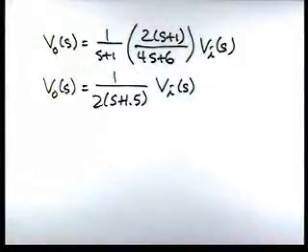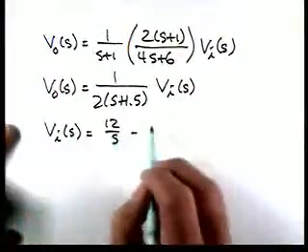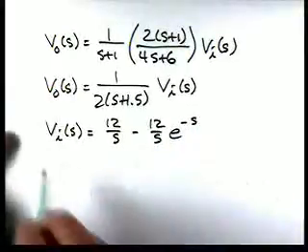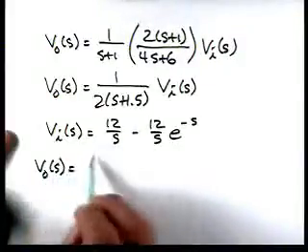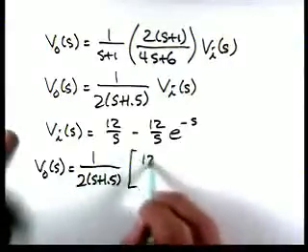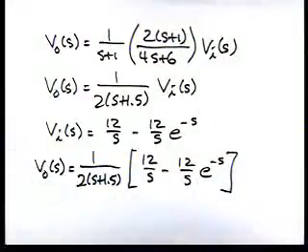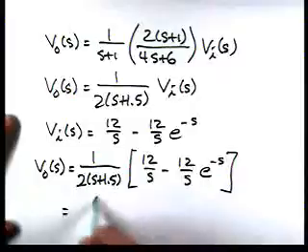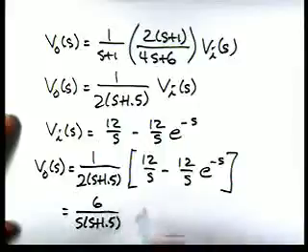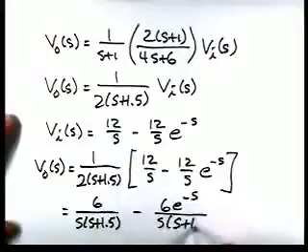Then Vi of S is 12 over S minus 12 over S e to the minus S. So then V0 is 1 over 2 times S plus 1.5 times 12 over S minus 12 over S e to the minus S. And that's 6 over S times S plus 1.5 minus 6 e to the minus S over S times S plus 1.5.